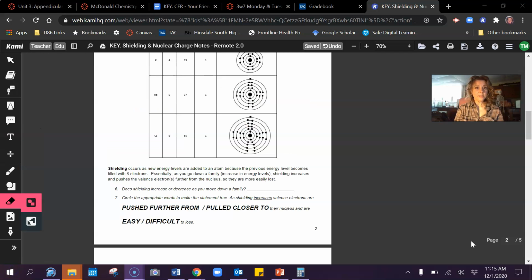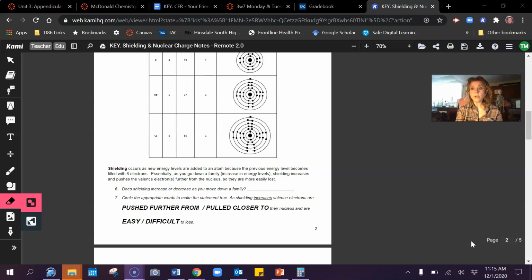All right, now let's take a look at the bottom of page 2. We are talking about shielding. And once again, shielding is going to occur when you add more and more rings, more and more energy levels around the nucleus. And the reason why you're adding more and more energy levels is to accommodate more electrons.